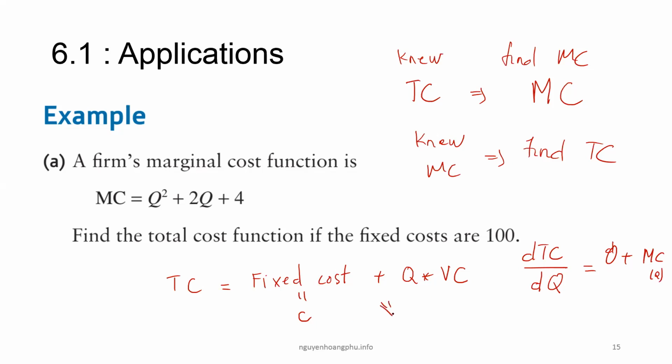Therefore, from here, you need to find the integral of MC dQ, equal to TC. You can say it in this way, total variable cost. It's better. Total variable cost.